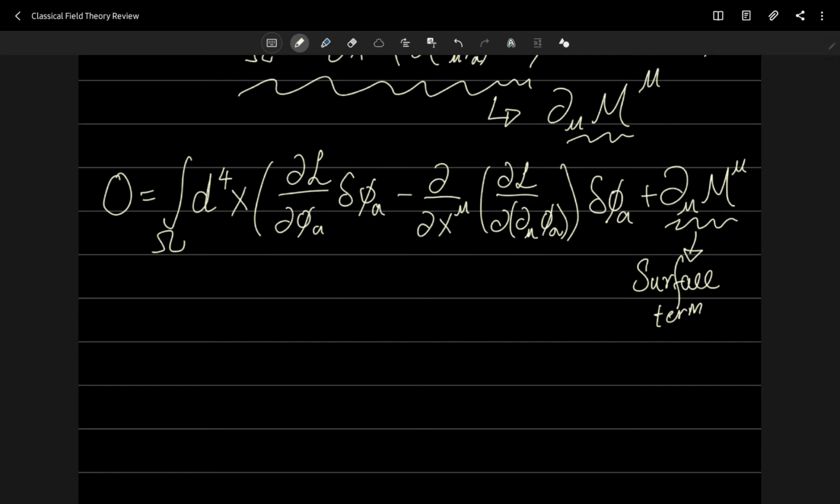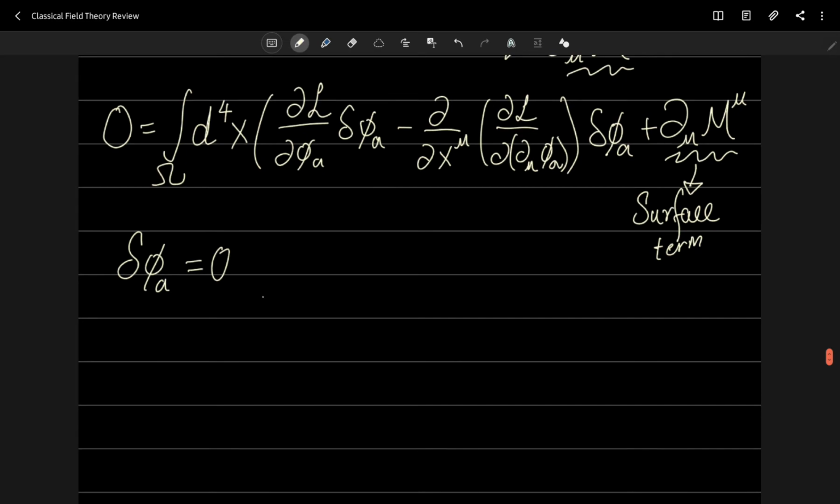That is simply because we had already demanded that delta phi a has to be 0 on the boundary, such that partial mu M mu vanishes on the boundary of omega.